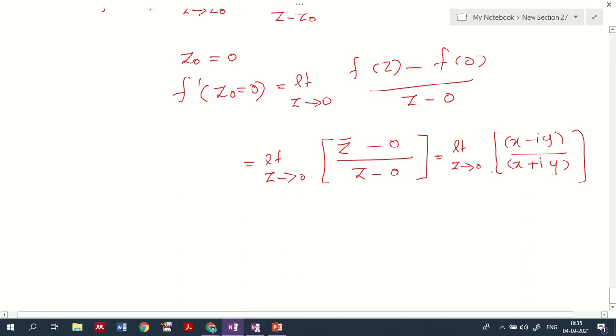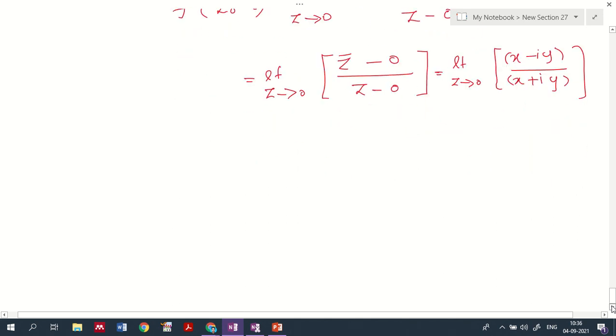So further, now if I evaluate along the y-axis and along the x-axis, what do I get? If I just evaluate along the y-axis, in that case we know that x will be equal to 0.